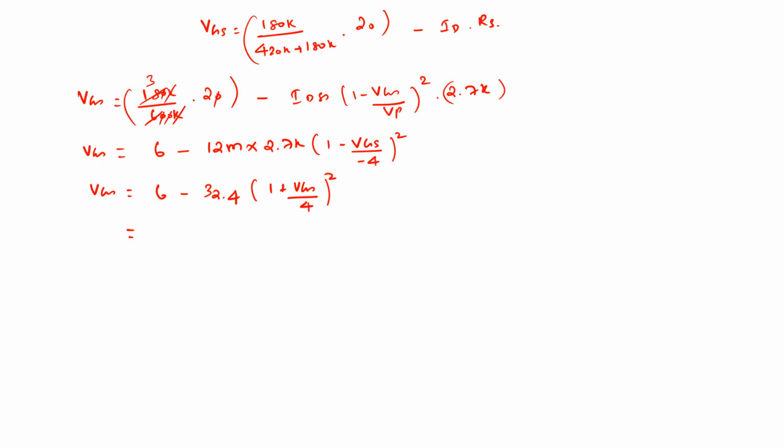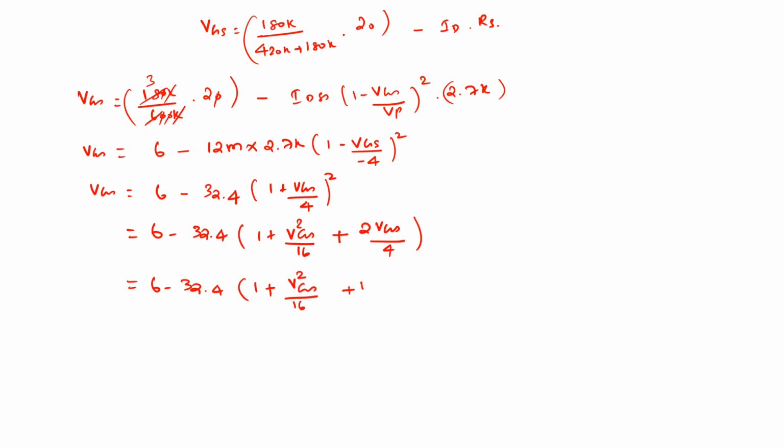So I expand this: 1 plus VGS square by 16 plus 2 times VGS by 4. So this would be written as 32.4 times 1 minus 1 plus VGS square by 16 plus VGS by 2.